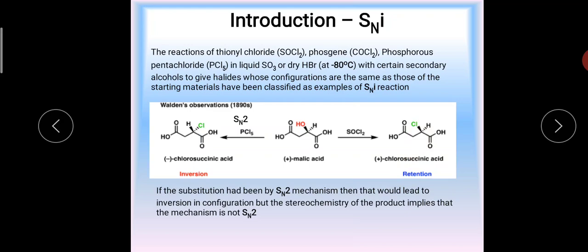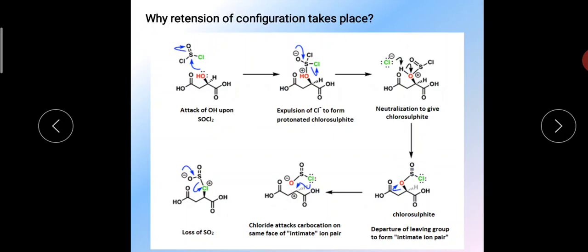Okay, so why does that happen? Now we're going to see the mechanism of this reaction. So what happens in the first step, your thionyl chloride, that is SOCl2, attacks your hydroxyl oxygen. Okay, so the lone pair of electrons moves towards your sulfur, and the pi electrons on your sulfur oxygen bond move towards your oxygen.